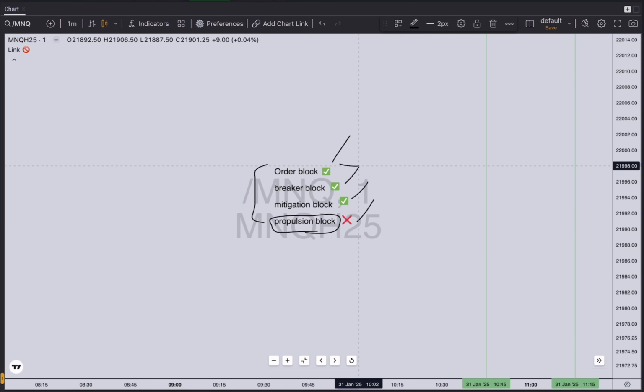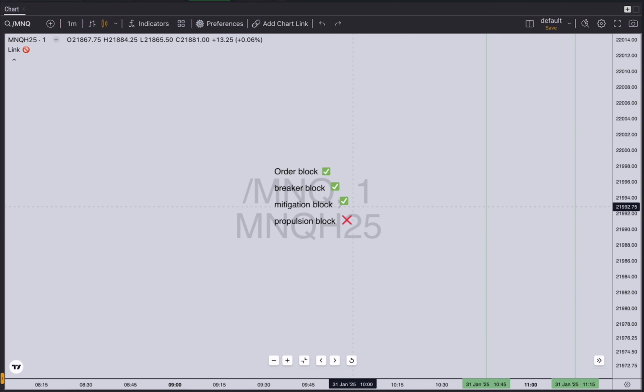The main things you need to know are order blocks, breaker blocks, and mitigation blocks, because they are basically the same thing. They're the 3 we're going to use the most. If in the future you want me to teach propulsion blocks, no problem, but for now we're going to stick with order blocks, breaker blocks, and mitigation, all right?